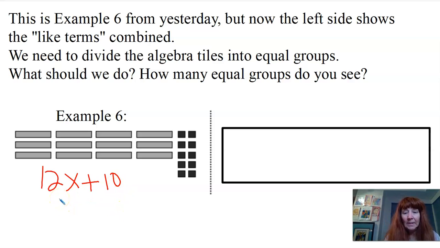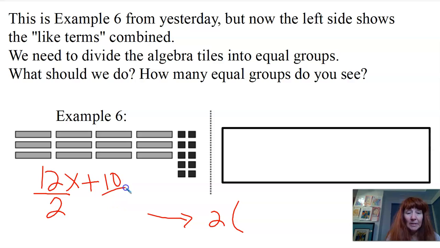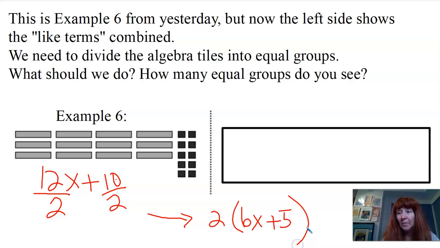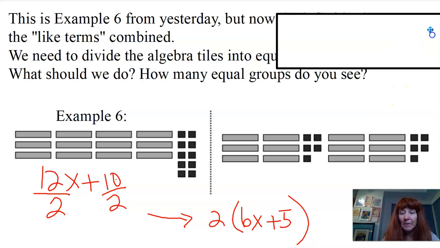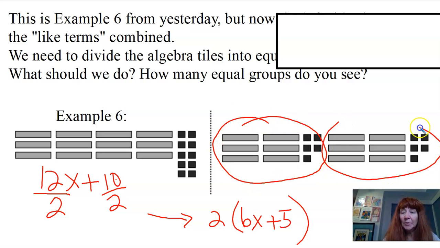So I'm kind of thinking what's going to be over here is 2 groups of, well, if I divide this number by 2 and divide this number by 2, half of 12 is 6. So now I've got 6 x's. Half of 10 is 5. So this is hopefully what the picture is going to look like. And when I move that away, you can see that, yes, yesterday we looked at 2 groups of 6x plus 5.